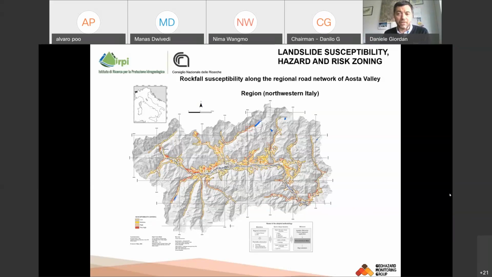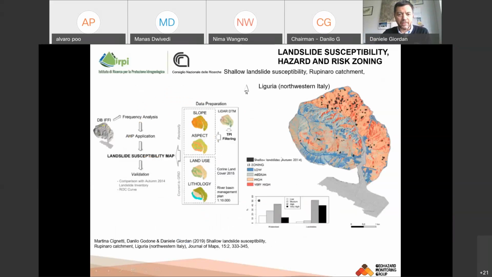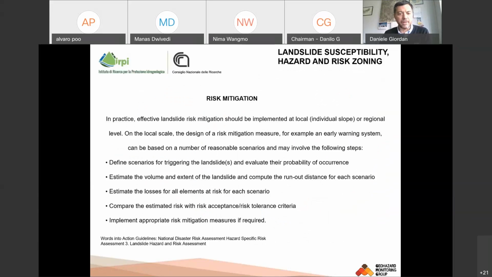On the contrary, at local scale, in many cases, we are able to obtain a risk analysis and an evaluation of the risk assessment using the definition of a scenario. So we have a landslide. We consider the volume of the landslide. We consider, for example, the runout of the landslide.